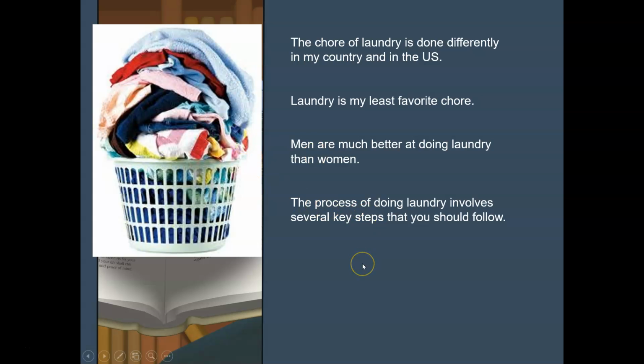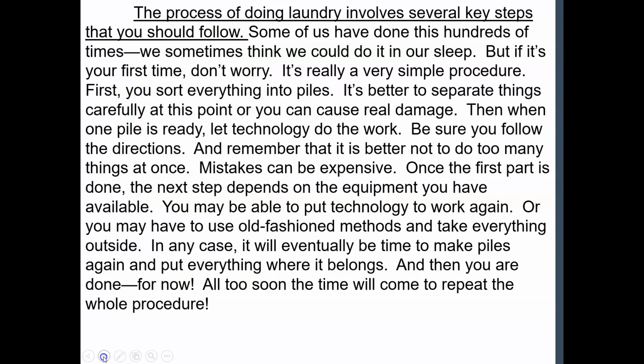Finally, the process of doing laundry involves several key steps that you should follow. Of course, this is the topic sentence that most accurately reflects the content in the paragraph. Remember, these are all pretty good topic sentences, but they have a different controlling idea because they don't show the content of the paragraph. So this one shows the content of the paragraph that I'm showing you.